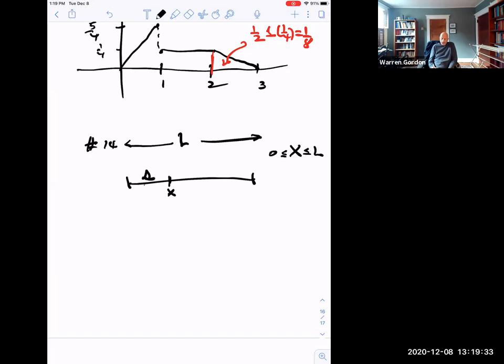So let's pretend this is the shorter piece and this is the longer piece. The shorter piece has length x, and the longer piece, let's say little l for longer, has length L minus X. The question is, what's the probability that the ratio of the shorter piece to the longer piece is less than 2/3?